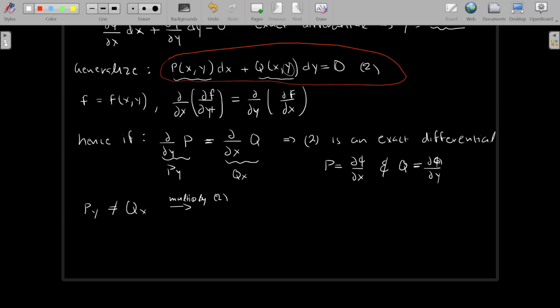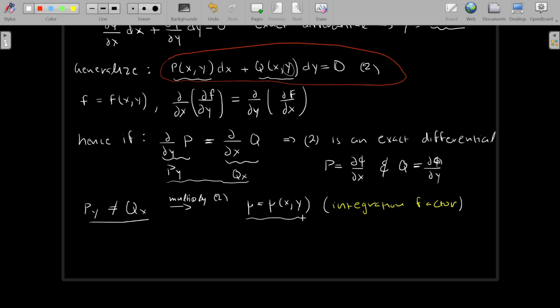Now imagine that we call this something mu, and mu will be a function of x and y to start with. This is called the integrating factor, sorry. And it is only needed when this condition is not true. So when these two are different, we're going to need something called an integrating factor.